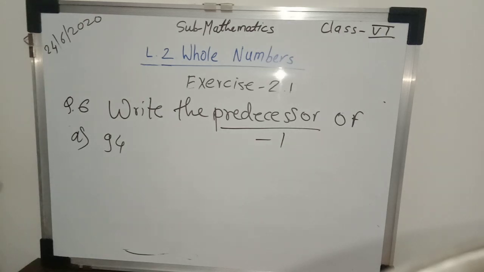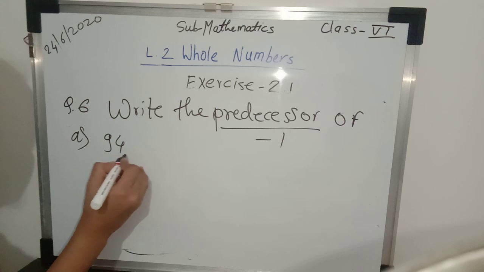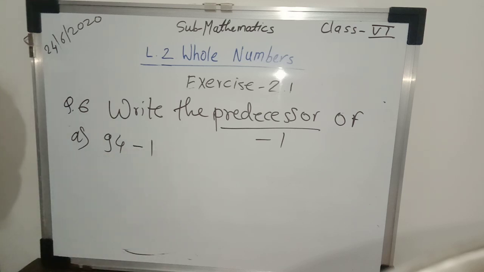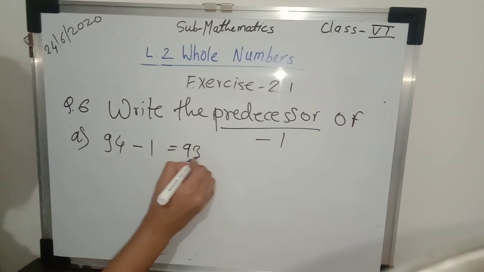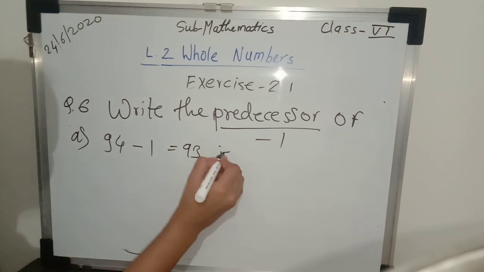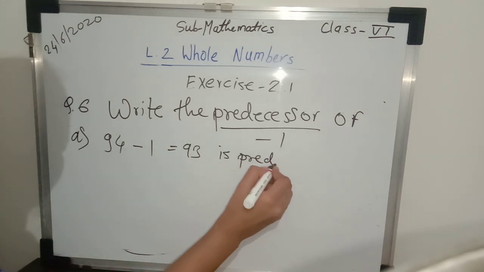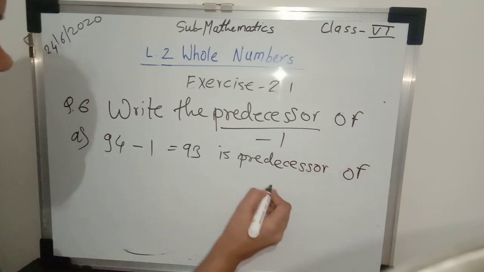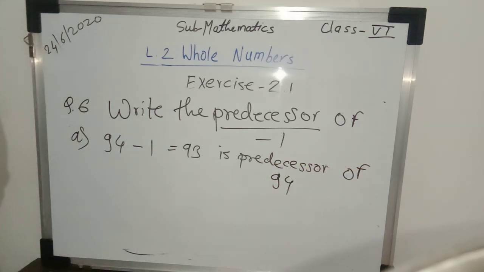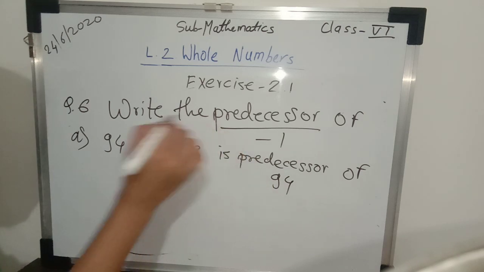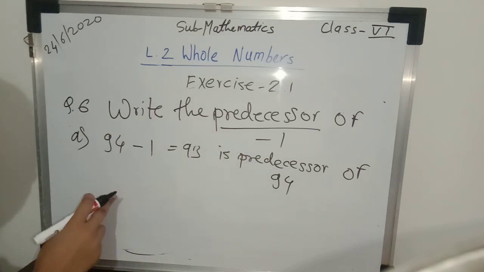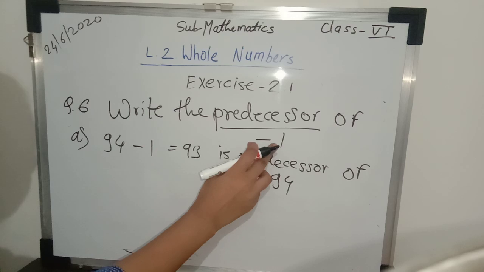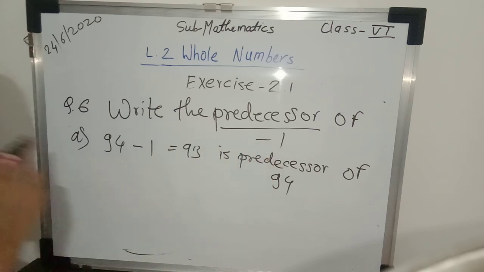We have to subtract the 1 from the given number. So here if we subtract 1 from the 94, we'll get 93. So 93 is the predecessor of 94. Okay, so predecessor means the before number. Before number we have to find.